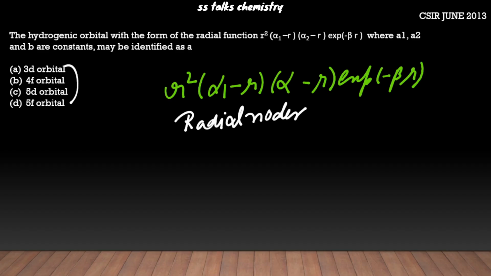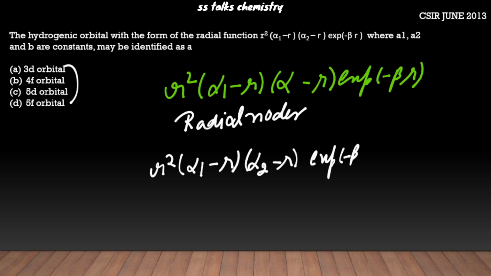For that you keep the given wave function equal to 0. That is (α1 − r)(α2 − r) exponential of minus βr is equated to 0. So we will get the radial wave function equal to 0 if r is equal to α1 or r is equal to α2. Rest are the boundary conditions.